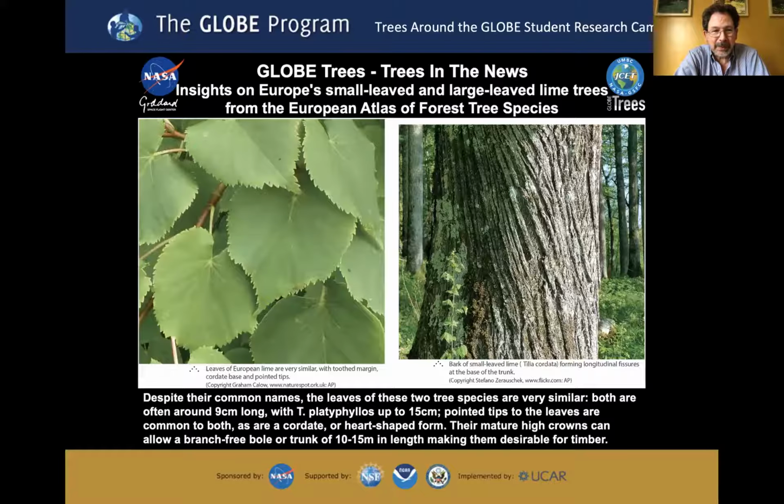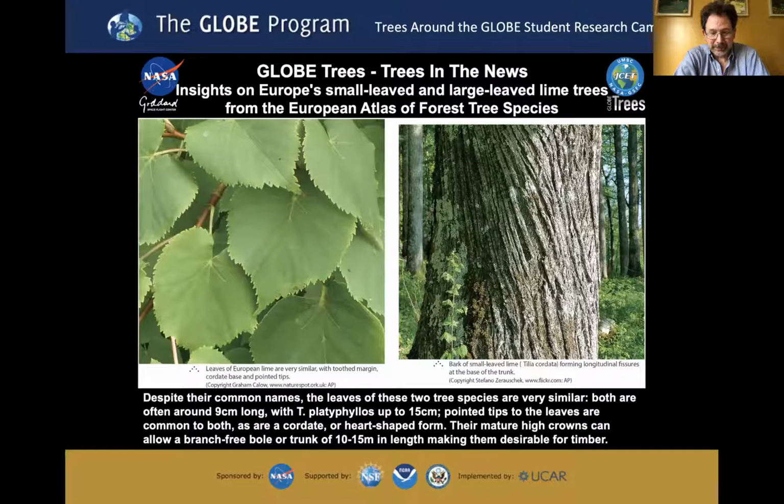So just a close-up of the texture of the trunk and also the shape and edges of the leaves. The word that was new to me here was cordate, or heart shaped. Boy, that's a pretty attractive leaf and a pretty distinctive one too.